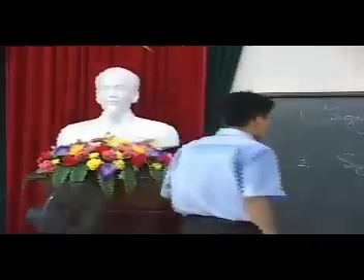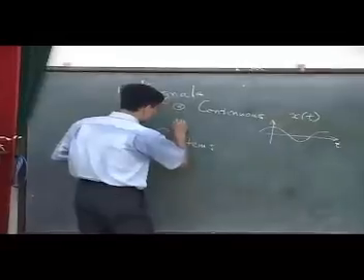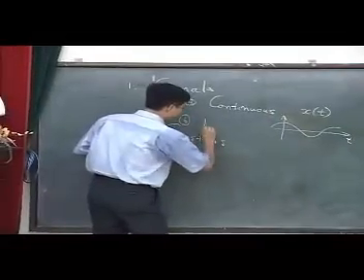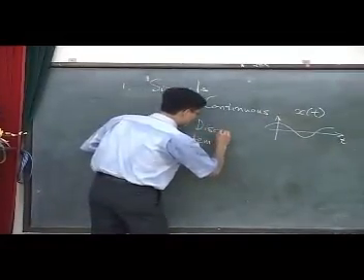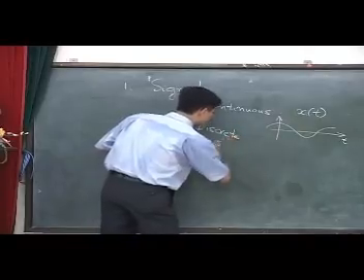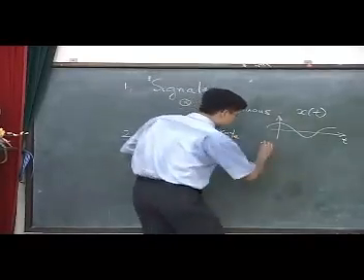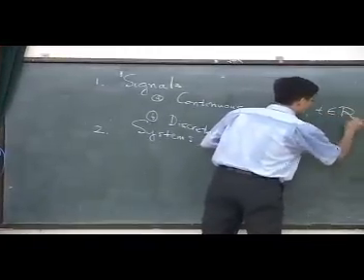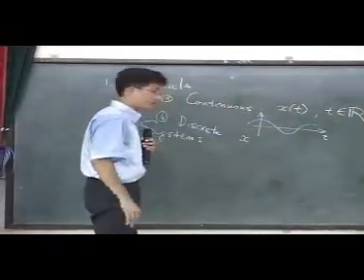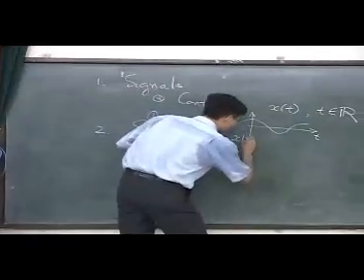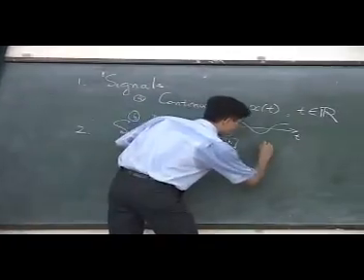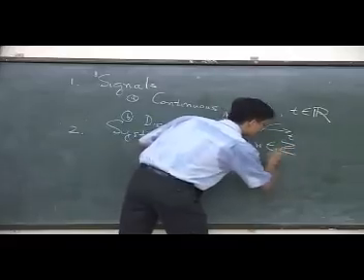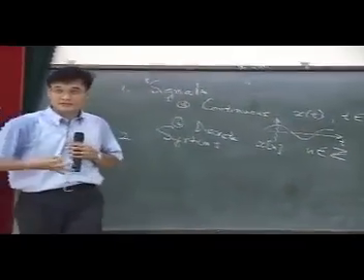Sometimes it's known as an analog signal, something you have probably already heard. The second one is the discrete signal, and here n is an integer.